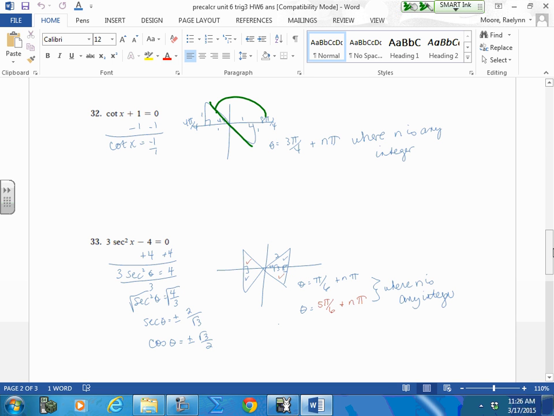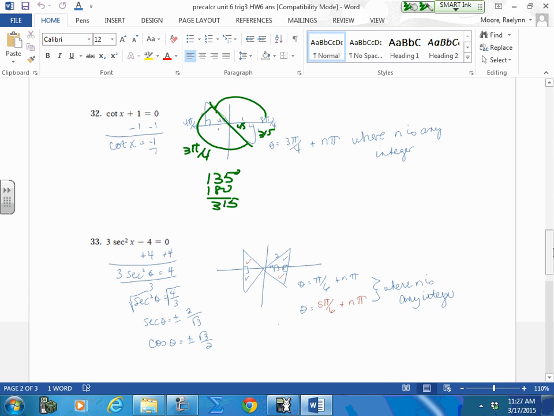So now, I can say, name this angle. So I name this angle here, which is 3 pi over 4. If I add pi to it, let's try degrees first. I name this angle, 135 degrees. I need to name this angle, which is 315. If I add 180 to this, don't I get to 315?